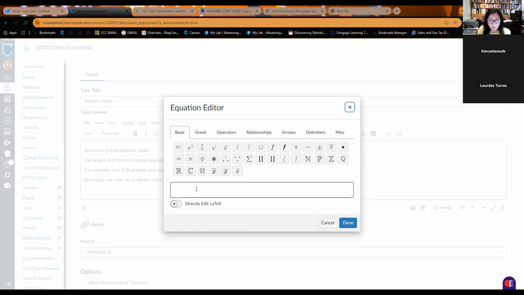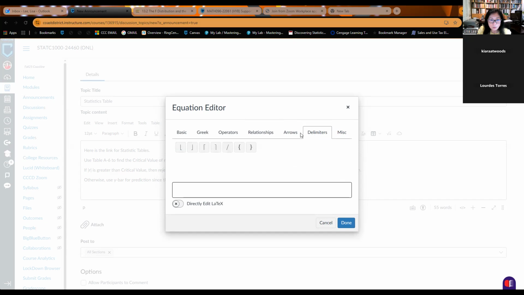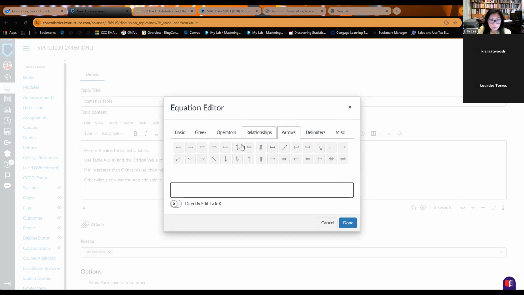Let me find the symbol. You can use this one to type when you want to show something on the board. You can put the bar on top.